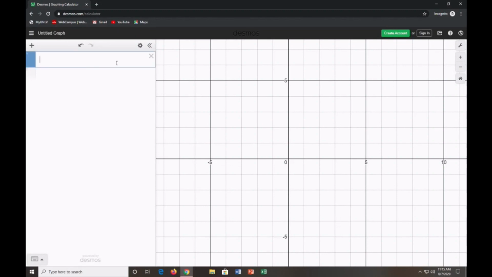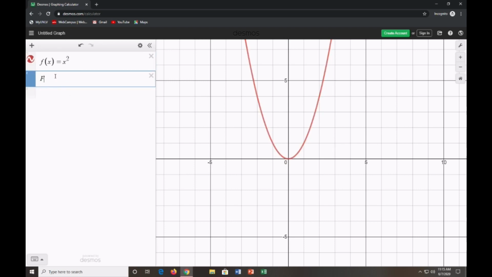So I'm going to enter y, or f of x, equals x squared, right? That's the basic quadratic function. Now the one we have is a transformation of that.